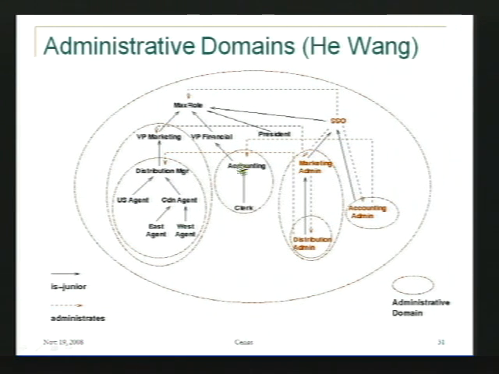And so if you're assigned to the administrative role, so this is the administrator, these roles are administrative roles, and you want to add, say, a sub-role to this US agent here, you can use permissions that are in this part of the graph that you control. Permissions get added into this top role by somebody in a surrounding domain. Now, why do we do that? Because if the administrator here of this distribution domain is allowed to add arbitrary permissions, they get propagated out beyond the region of the graph that he's supposed to be controlling.